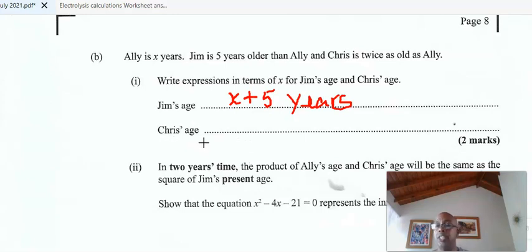Do the same for Chris's age. Look at the sum. Chris is twice as old as Ali. Therefore, if Ali is x years, Chris will be 2 times x. And in algebra, we write 2 times x simply as 2x years.